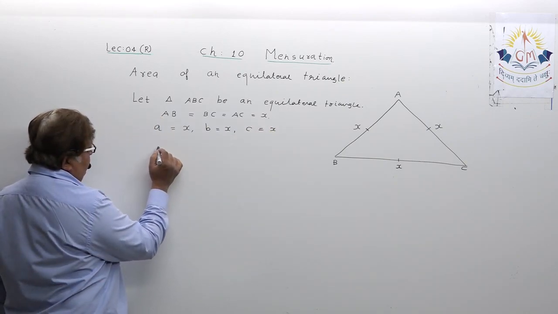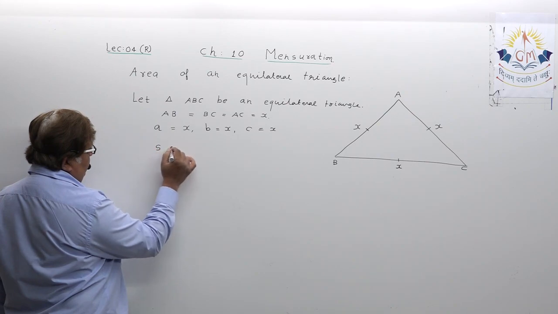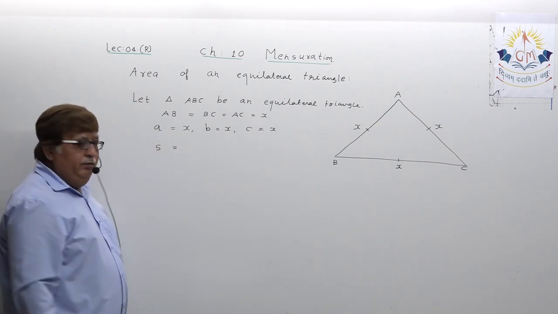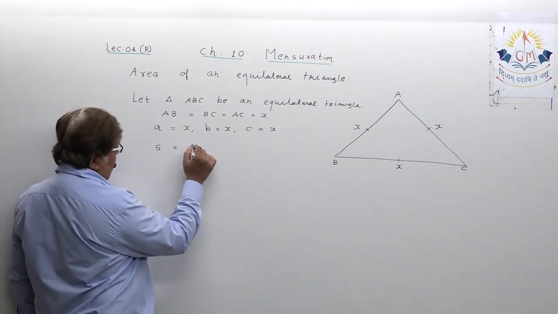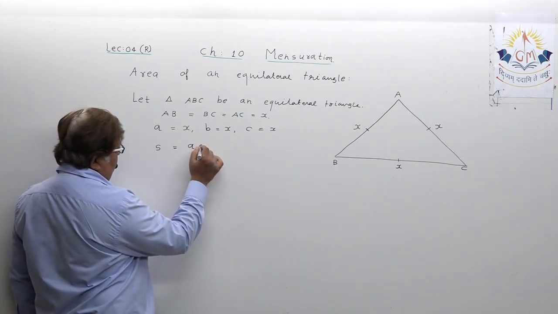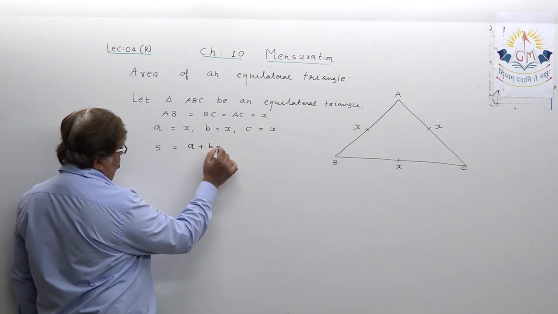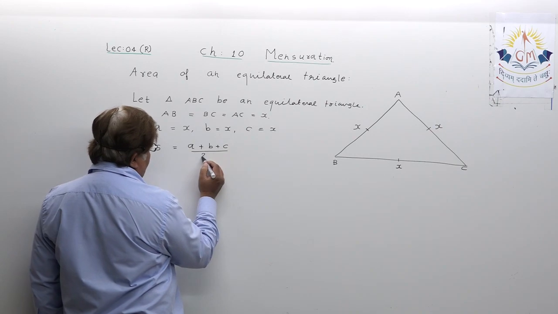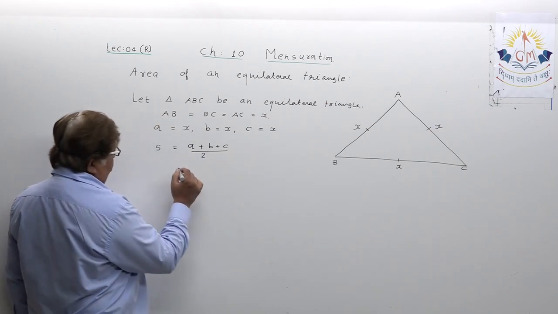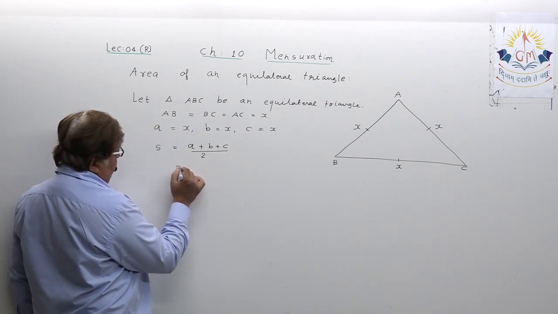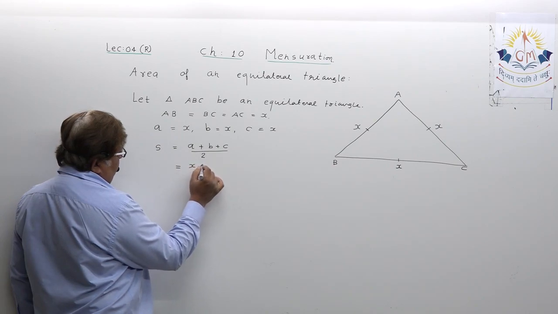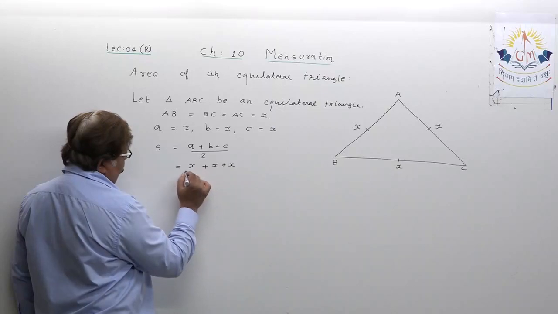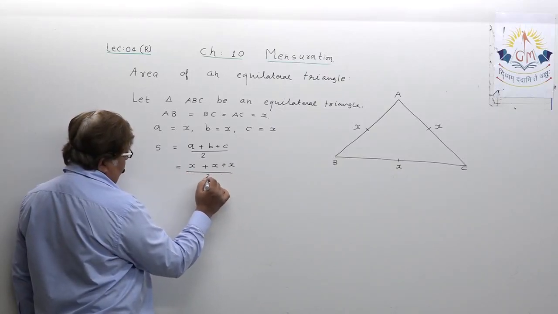Now let us take the semi-perimeter S equal to, you know very well, a plus b plus c upon 2. Let us substitute the values: x plus x plus x upon 2.